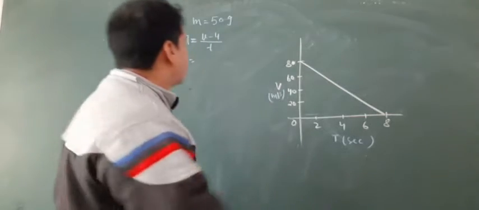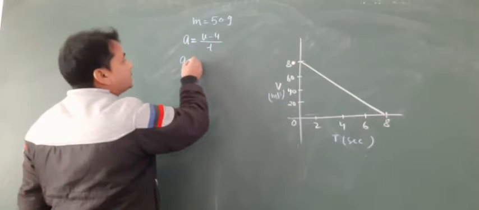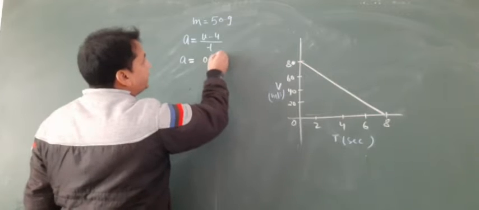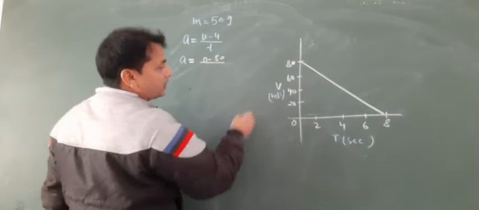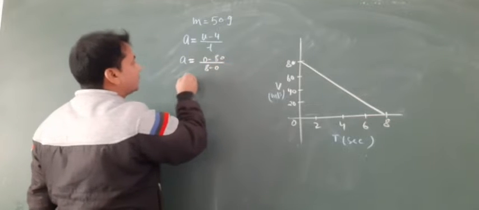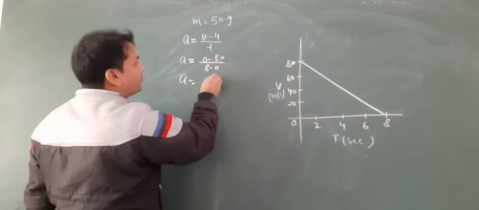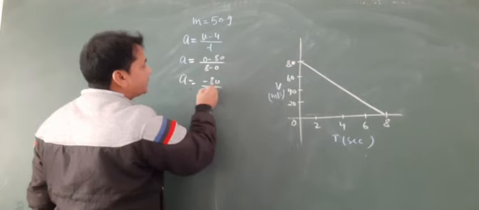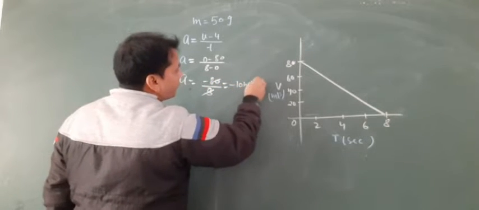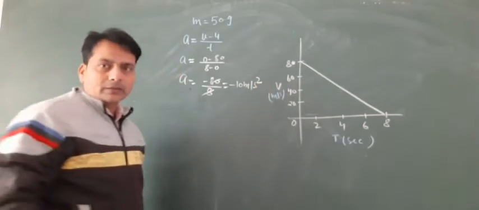Then the final velocity is given here, 0 minus 80 by the time, 8 minus 0. Then a equals minus 80 by 8, that is equal to minus 10 meter per second square.